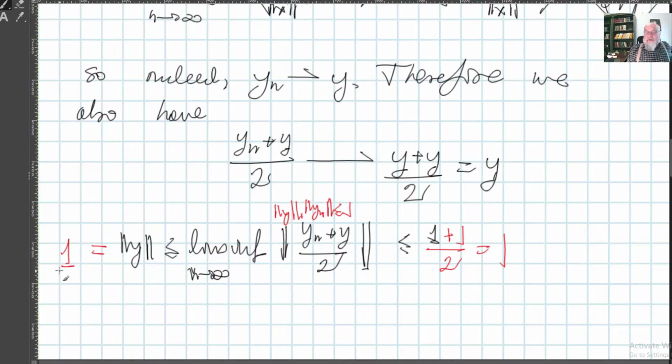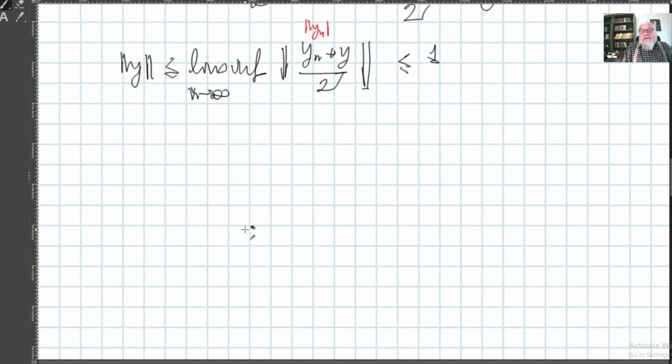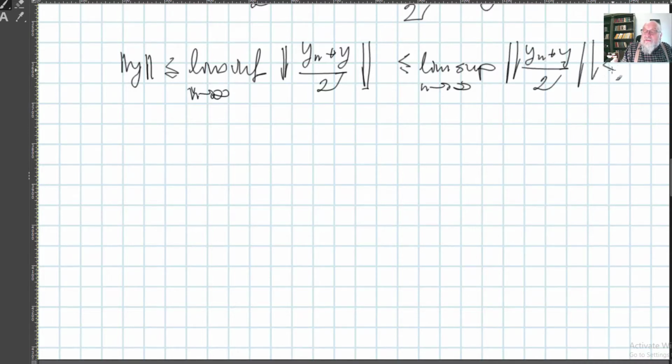So what do I get here? Oh, maybe I should do it more correctly. Let me write everything down correctly. The limit supremum as n goes to infinity of the norm of yn plus y over 2 is smaller than 1 plus 1 over 2, which is 1.